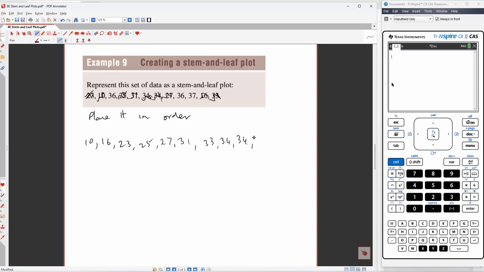We've got 2 36s and another 36, and a 37. Let's just double check. We've got 1, 2, 3, 4, 5, 6, 7, 8, 9, 10, 11, 12. And 1, 2, 3, 4, 5, 6, 7, 8, 9, 10, 11, 12.